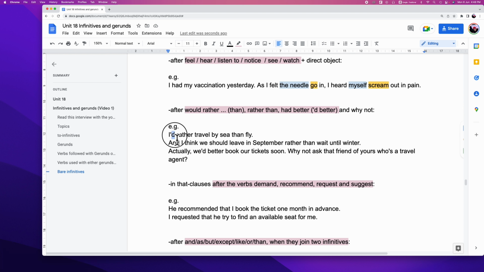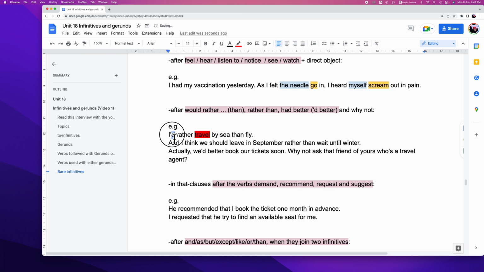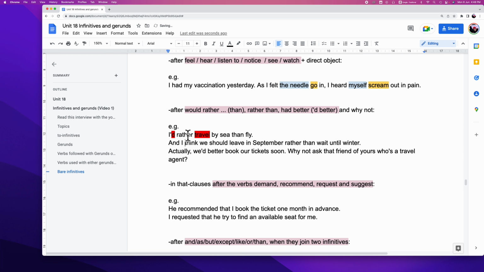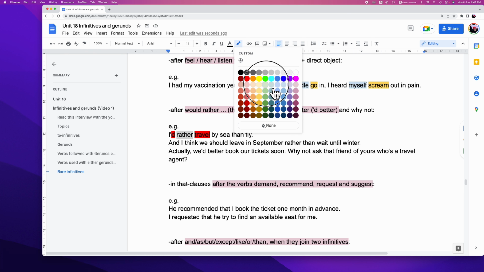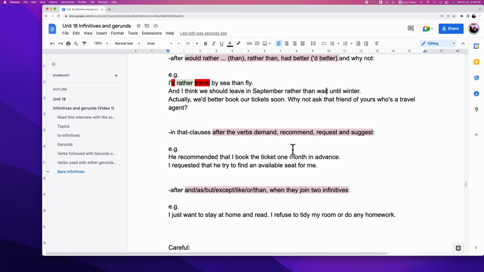Would rather travel. So the word travel here functions as a color red. And the word rather actually functions as a color green. Good. That is some other situation where we have to follow a bare infinitive.